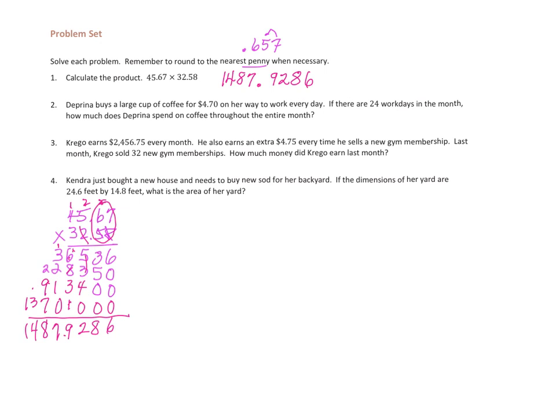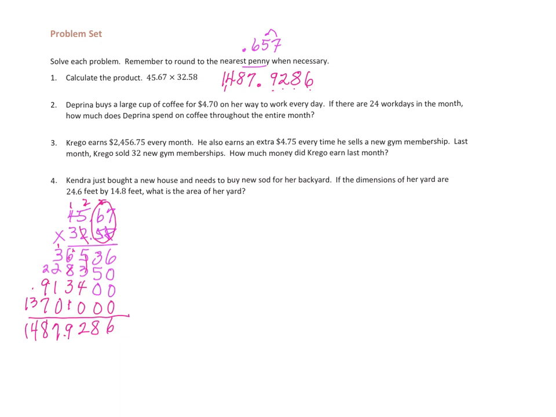So 1,487 and 9,286 ten-thousandths, because this is tenths, hundredths, thousandths, ten-thousandths. We are into some big, in our decimal place, fractions, because they're parts.